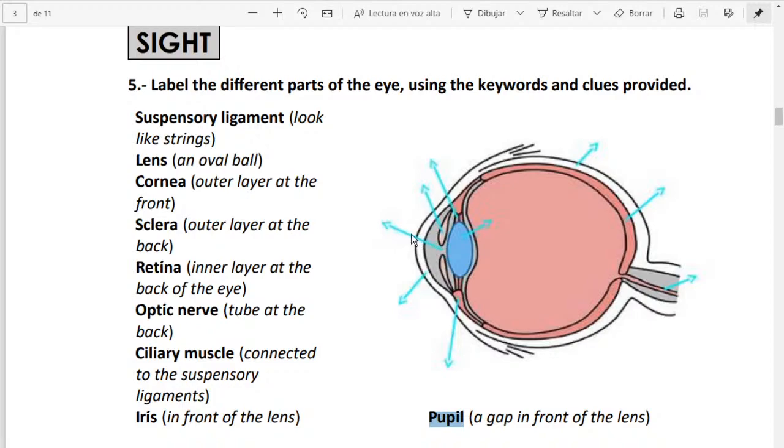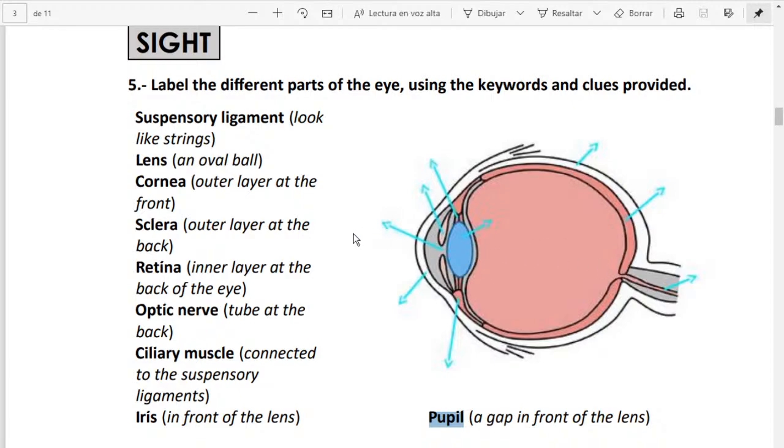So this is the arrow in front of which you have to write down pupil. This is the gap. You need this gap to allow the light to enter all the way through the eye and to reach the retina.